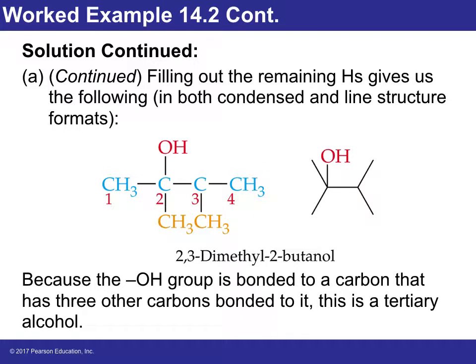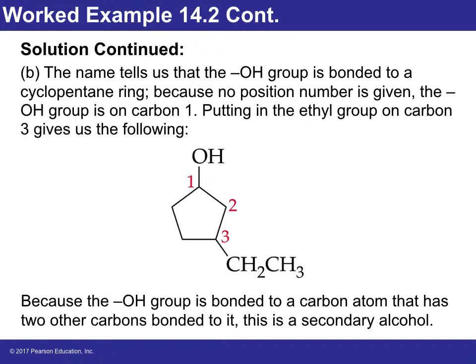When you try to fill out the remaining hydrogens, what it gives here is, left side condensed formula, right side line structure, the 2,3-dimethyl-2-butanol. Now, if you look at the bonding, where you have one OH that is attached to a carbon atom with a covalent bond, and it has 3 other carbons bonded to it, this is a tertiary alcohol.